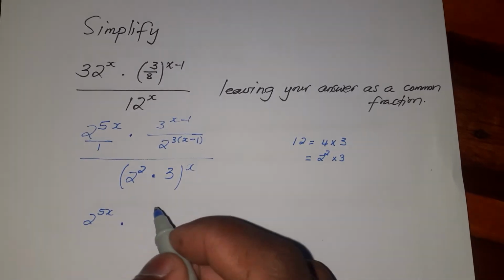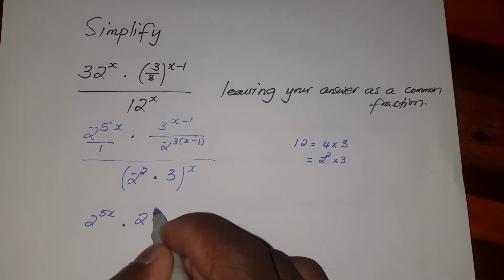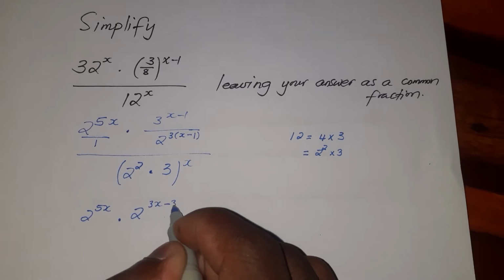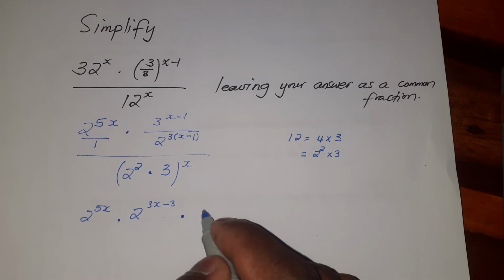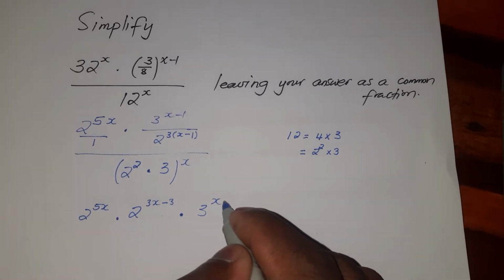Then we are going to have 2 to the power 3x minus 3, and then I have to multiply this again by 3 to the power x minus 1.